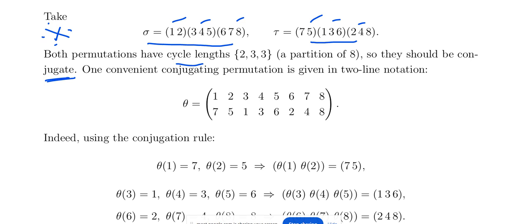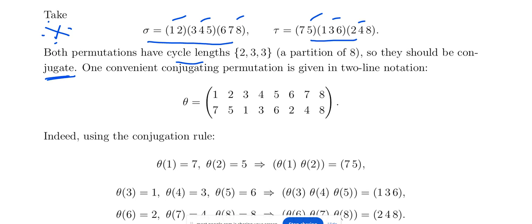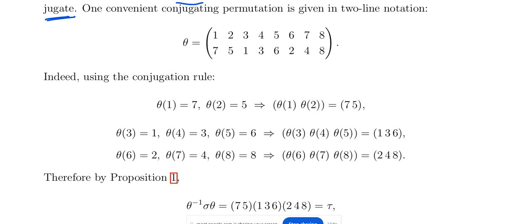And conjugating permutation is given in the two-line notation, and the conjugation rule: theta of 1 equal to 7, theta of 2 equal to 5, so theta of 1, theta of 2 ன்றது 7 5 அப்படின்னு எழுதலாம், ஓகேவா? Similarly theta of 3 equal to 1, theta of 4 equal to 3, theta of 5 equal to 6.